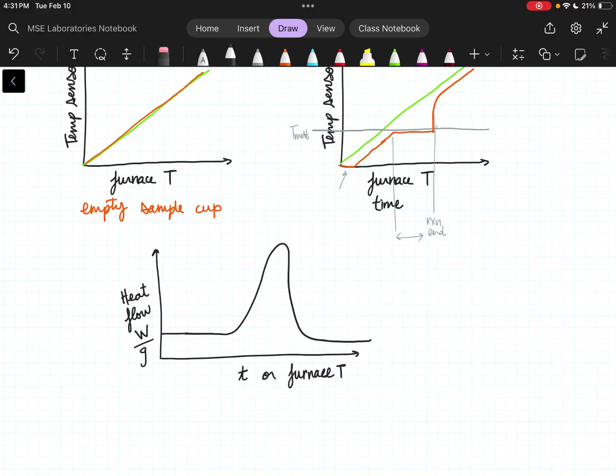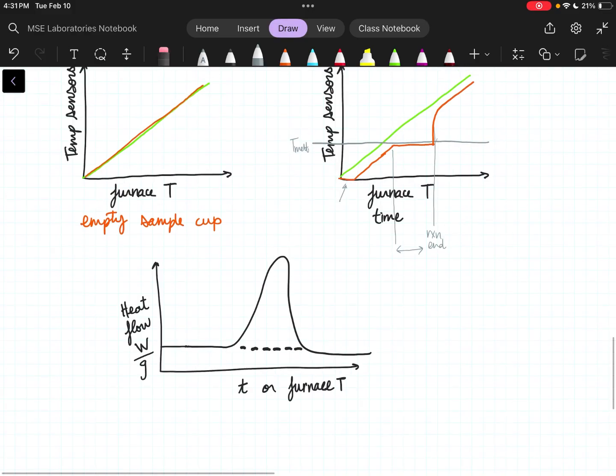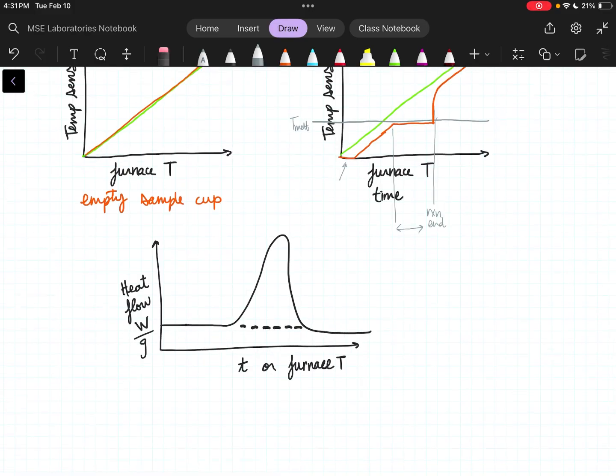I am a person, so my baseline is a little bit squabbly there, but the idea is that we should have a hopefully fairly flat background. I just drew it wonky. On this peak, I can label a lot of the same stuff that we labeled at the beginning of the peak. I can label the start of the reaction.